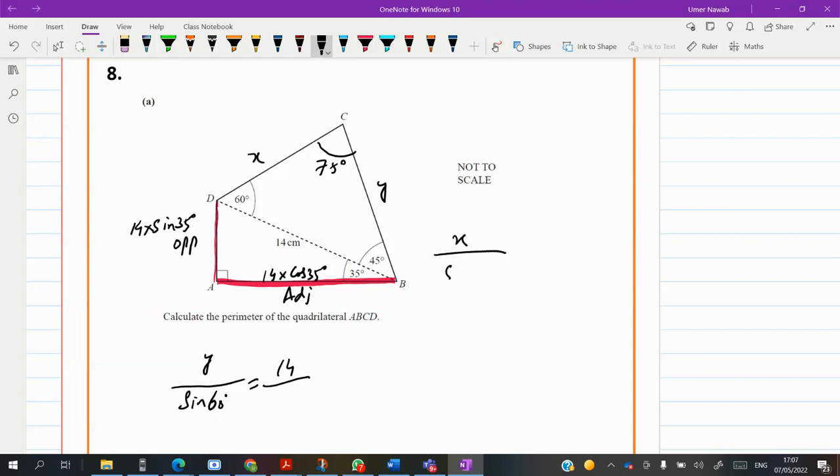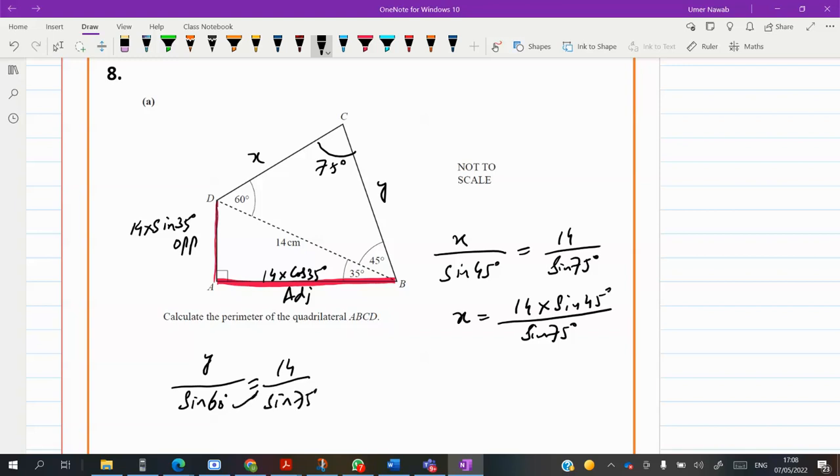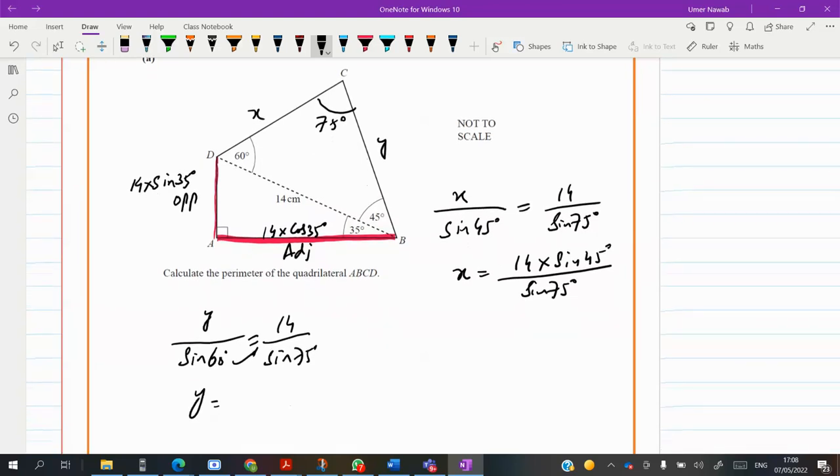Actually, I got so tired. x over sine 45 is equal to 14 over sine 75. So x is equal to 14 times sine 45 over sine 75. Same thing as y over sine 60 equals 14 over sine 75. Send it to the other side. You get y is equal to 14 times sine 60 over sine 75.